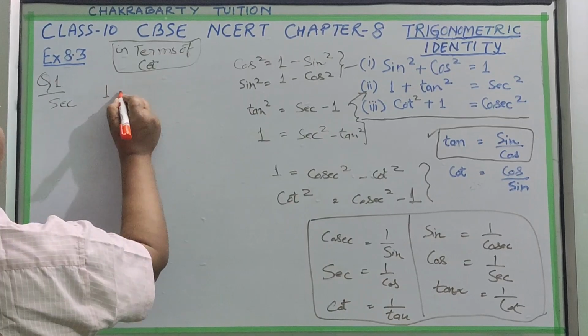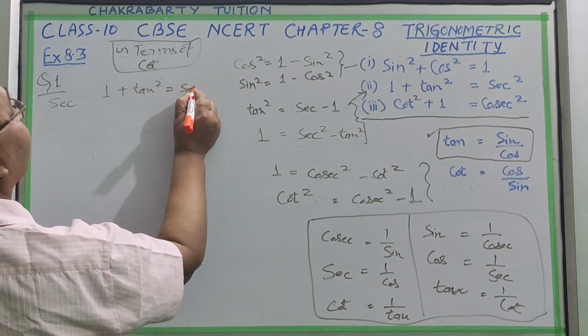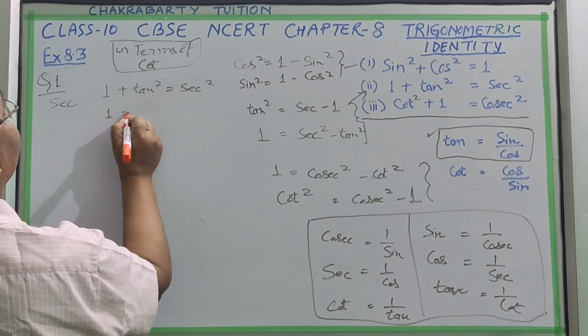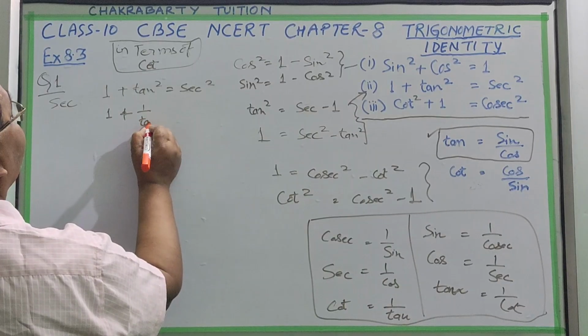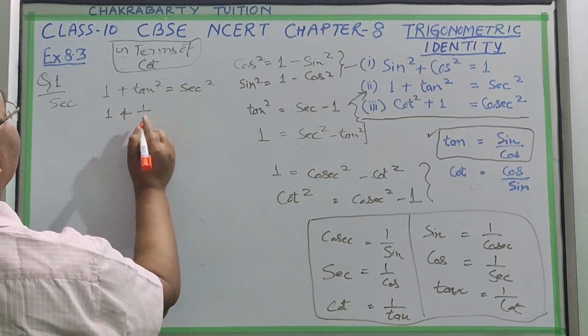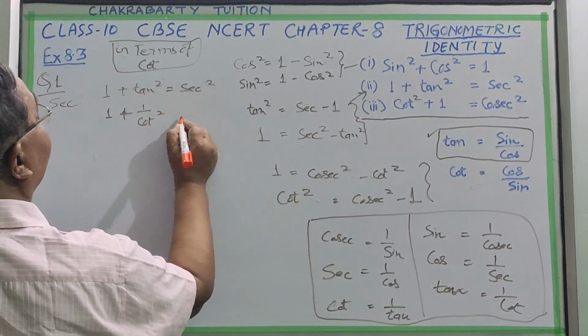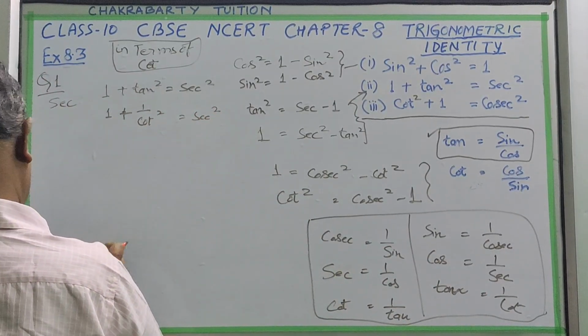So this formula we will use: 1 plus tan square is equal to sec square. Okay, this we can convert: 1 plus 1 upon cot, 1 upon cot square is equal to sec square. Okay, this we can write.